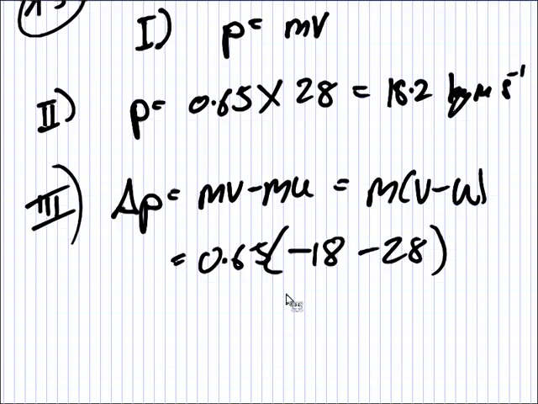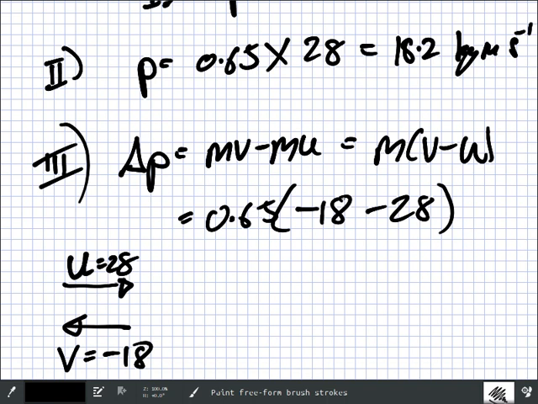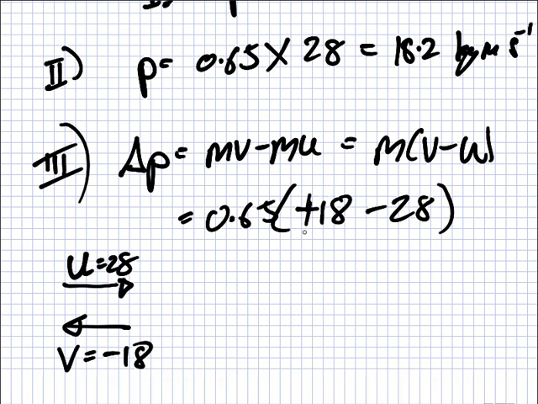Because first it's going this way with 28, and then it's going this way with minus 18. I think you all said plus 18. I think all of you got that wrong.